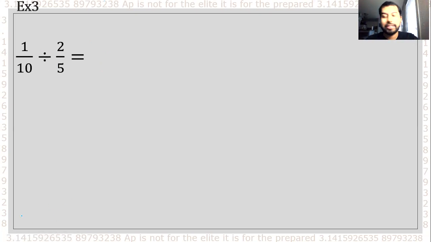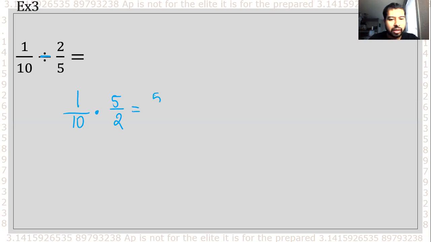Ooh, division. So 1/10 divided by 2/5. So remember, you see the division right here, so I'm going to swap them, right? It's going to be the same thing as multiplication by the reciprocal, which is 5 over 2. From here, we can multiply like we did in our last example.